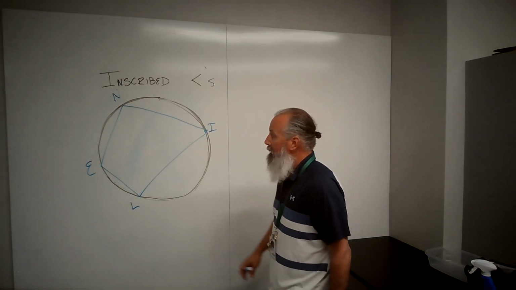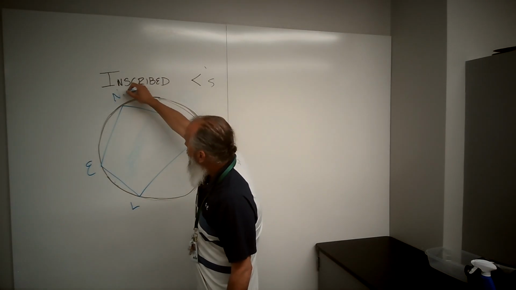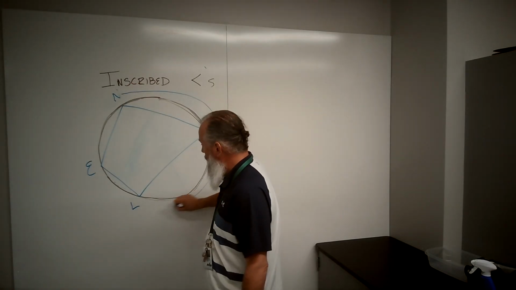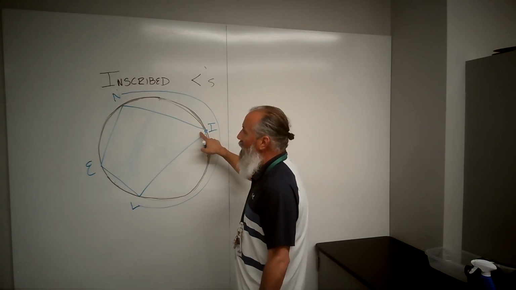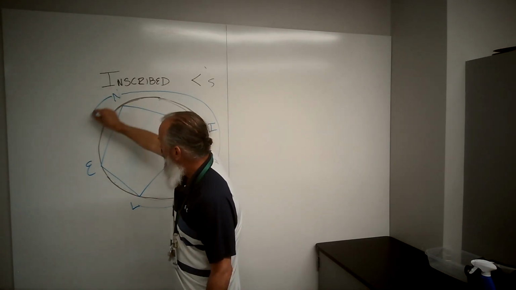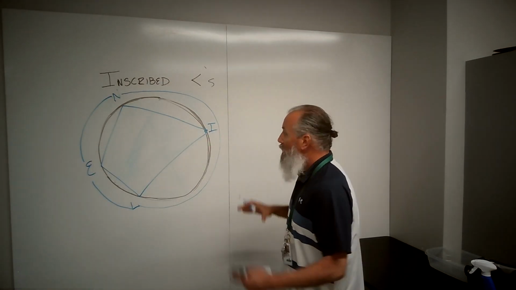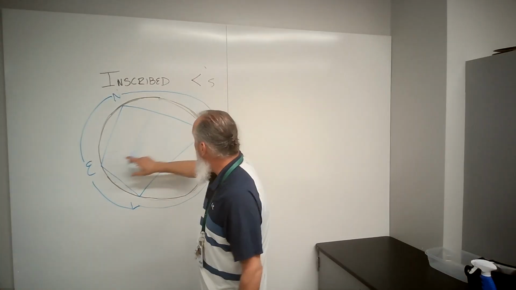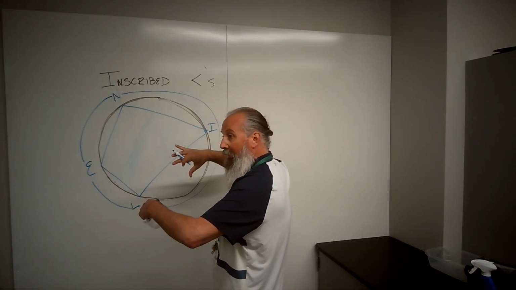Because think about it. Look at the arc that angle E inscribes. It goes from here to there. Big arc. But look at the arc that angle I inscribes. It goes the rest of the way around the circle. Does that make sense? So totally, E and I inscribe an entire circle together.